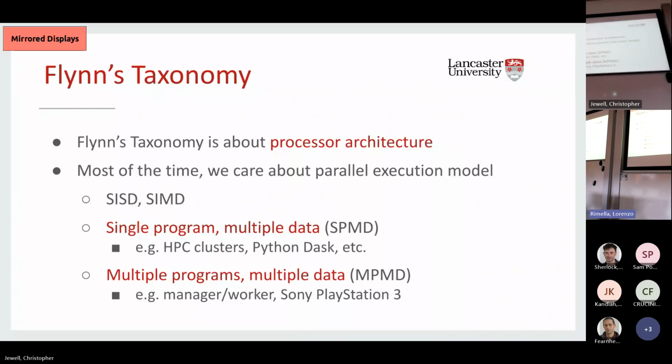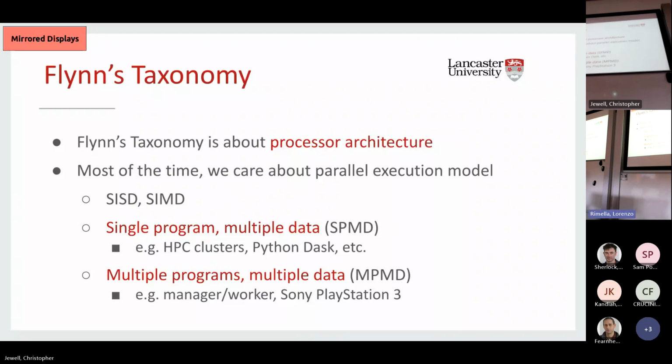Okay. And I think the best example for this really is this single program, multiple data idea. So you might think, well, what's that? Well, if I've got an HPC cluster, a collection of independent computers connected together with a network, then what I have to do as part of my setup routine when my algorithm starts is to send a copy of the program that I've written to every single worker node in my cluster.